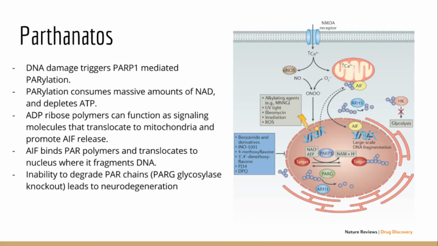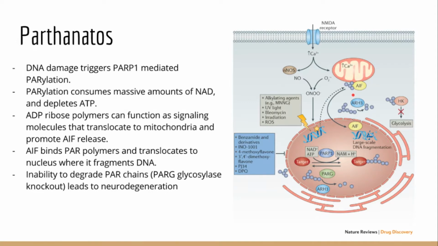It's very important. Second, PAR chains are actually mobile signaling groups. So although the mechanism isn't understood right now, they do appear to translocate out of the nucleus to the mitochondria where they bind AIF, which contains a PAR binding domain. So you can see these PAR groups are somehow getting out of the nucleus, moving to the mitochondria, and they bind to AIF at a very specific PAR binding domain.